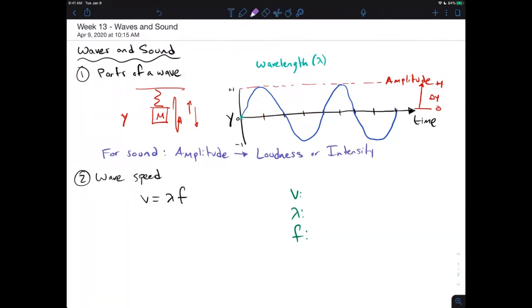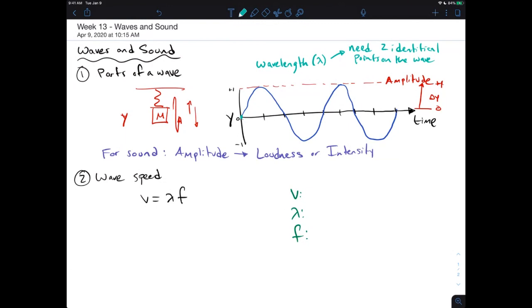In order for me to find the length of my wave, I need two identical points on the wave. Now they have to be identical, so not equal to the same number, but identical.